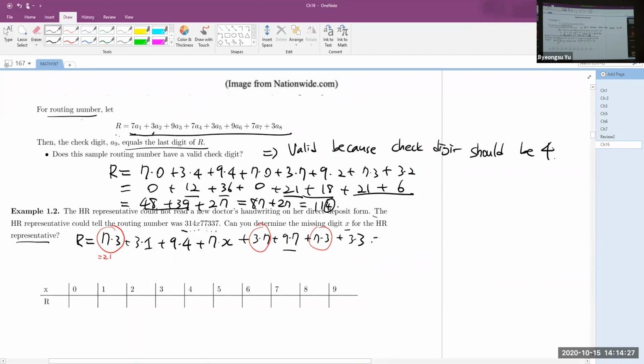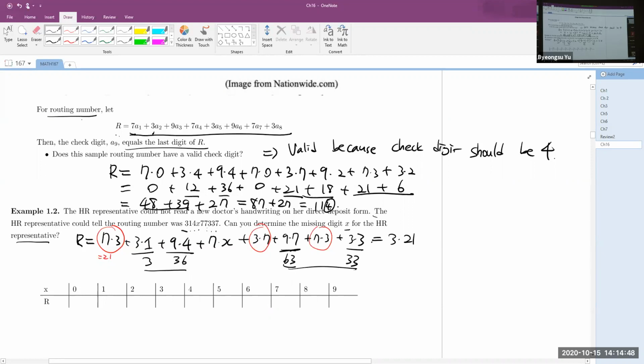Okay. Then again, still 6 times 21. And this one is 3. This one is 36. And this one is 63. This one is 33. So 3 plus 36 is 39.